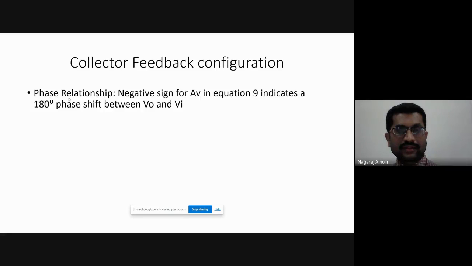Yes, gain equation. AV is VO by VI. If you want to find the phase relationship between input and output voltage, you have to always consider the gain equation. AV is VO by VI, output voltage by input voltage.